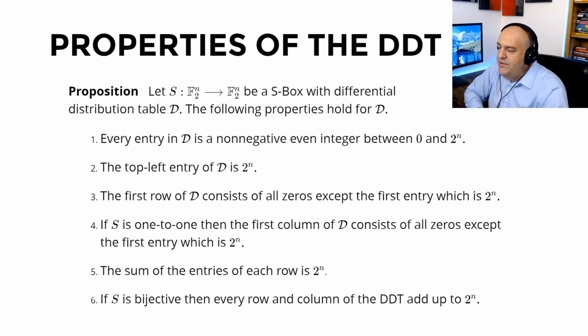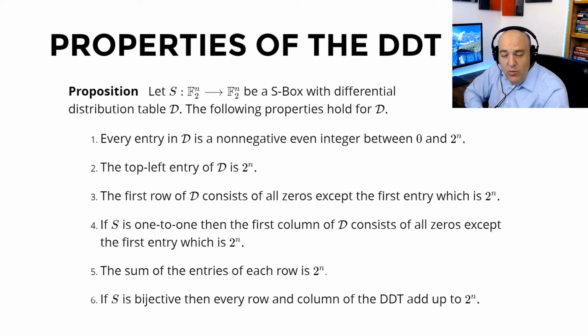Now, some properties of the DDT. We already proved this, that every entry in D is a non-negative even integer between 0 and 2^n. Always the top left entry of D is going to be 2^n. And the first row is always going to consist of all zeros except for that first entry of 2^n.